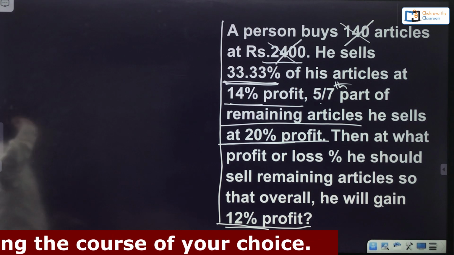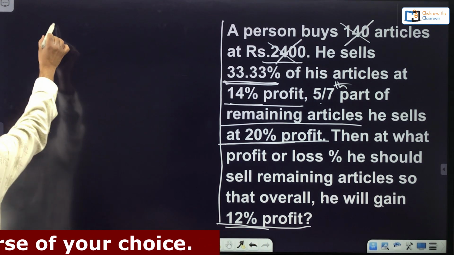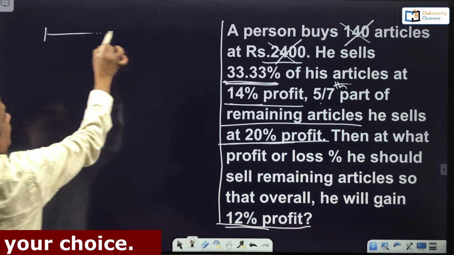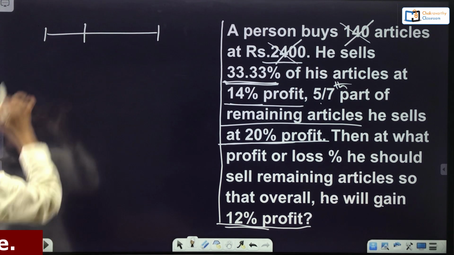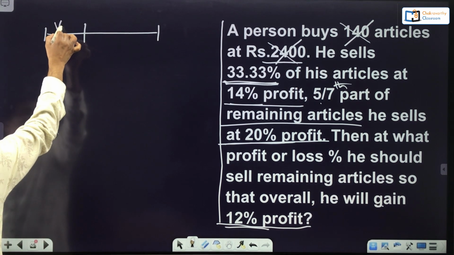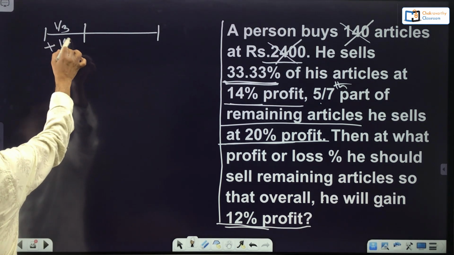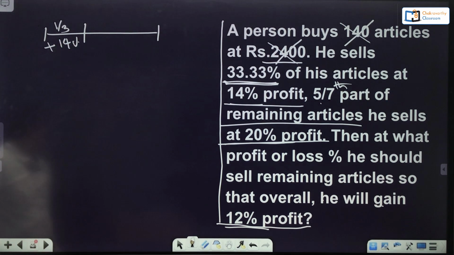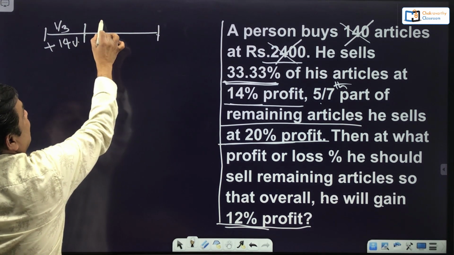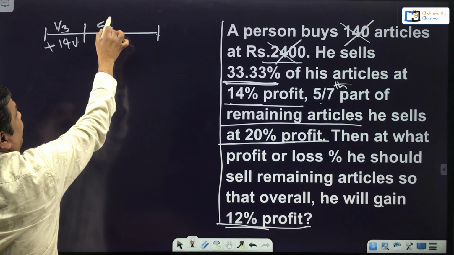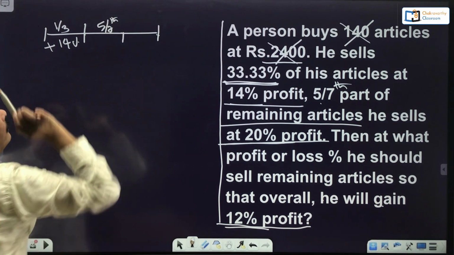Simply we can solve with the ratios method only. How is that? First, let us understand this one. This is the total consignment. Okay, 1/3 of this one. Let's take here, this is 1/3. 1/3 he sold at 14% profit. Now, in the remaining part, 5/7. Let us take 5/7 up to here, for example.